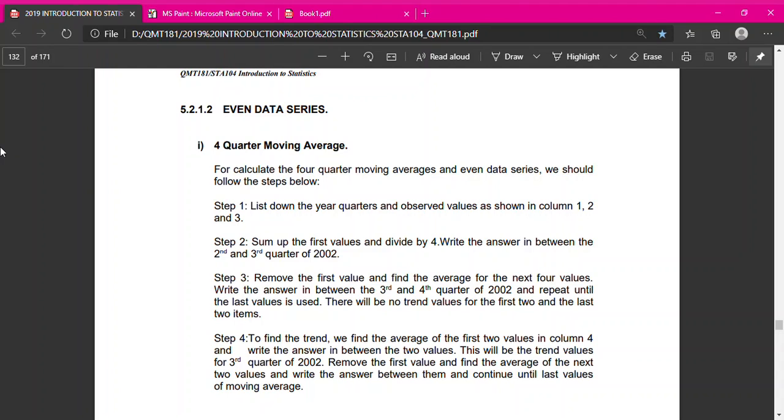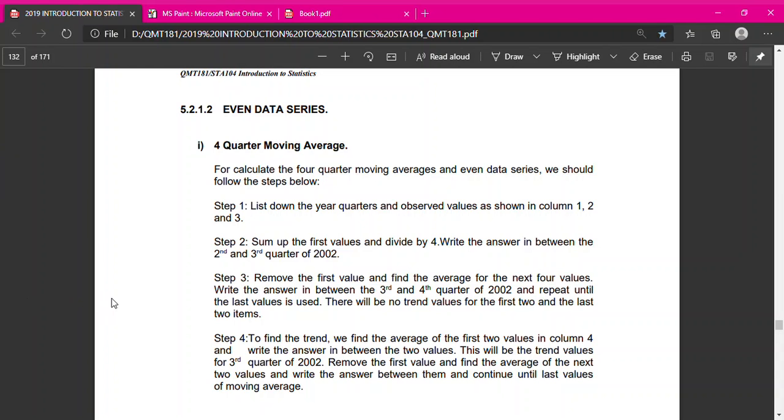Usually for even data series, we deal with 4 periods only. 6 we don't do, because usually data will be displayed in quarters in every year. So if it's quarterly, we have 4 quarters in a year, right? So usually we will use the 4 quarter moving average.